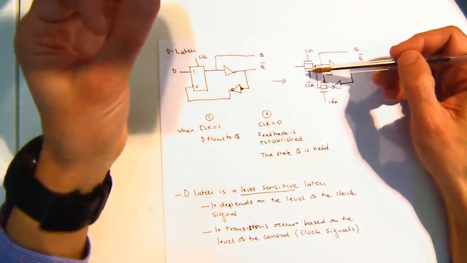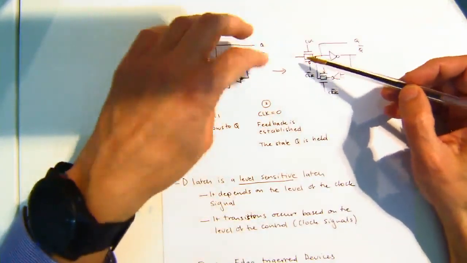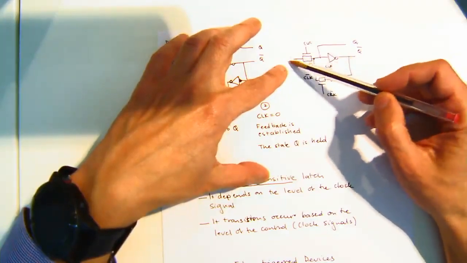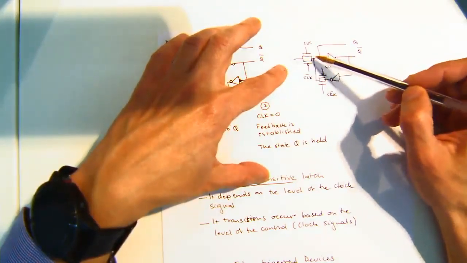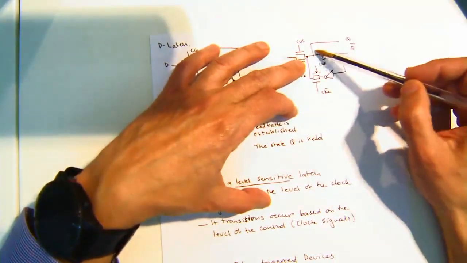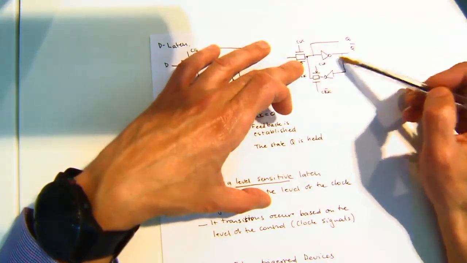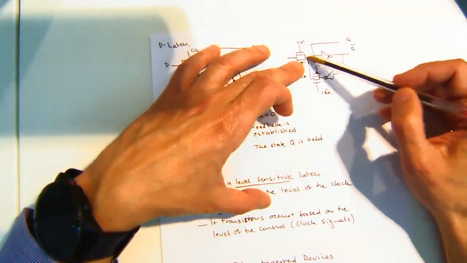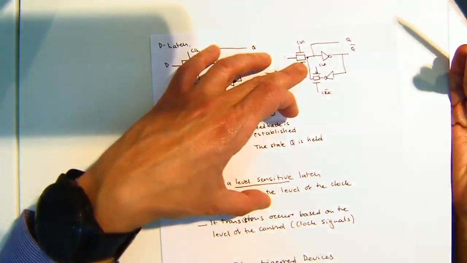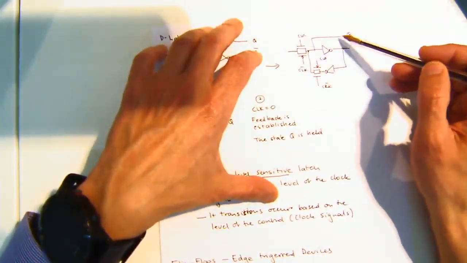When the clock goes high, this transmission gate is transparent, so whatever the data is here moves to this point. When the clock goes to 0, we establish the feedback, and the value of this D is now held at that value, right? So this feedback allows us to hold that value Q, right?